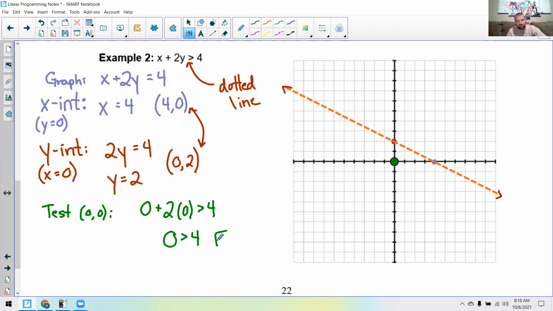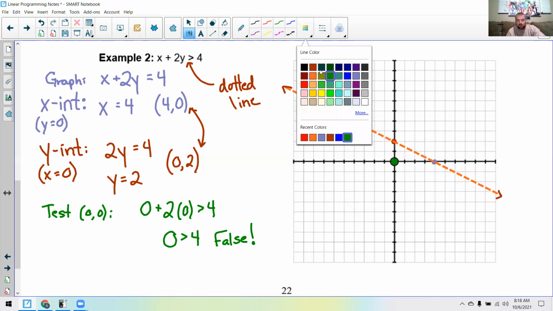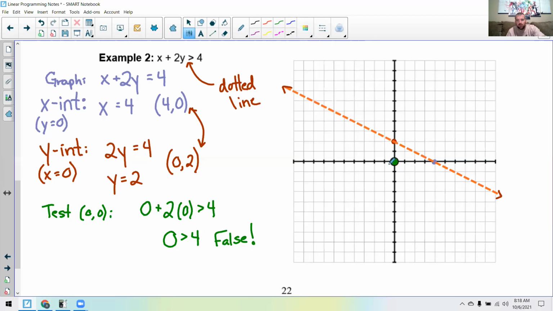This is false. So this point doesn't work. This green 0, 0 does not work. So that means that I should be shading the other side of the line, not below it, but above it.